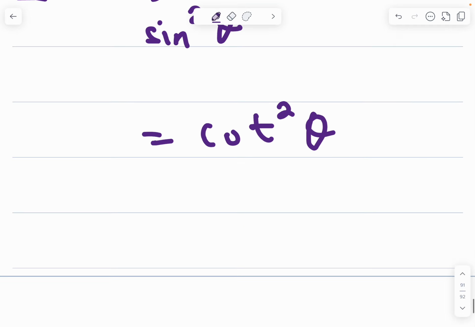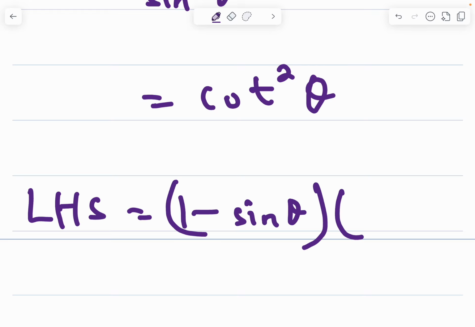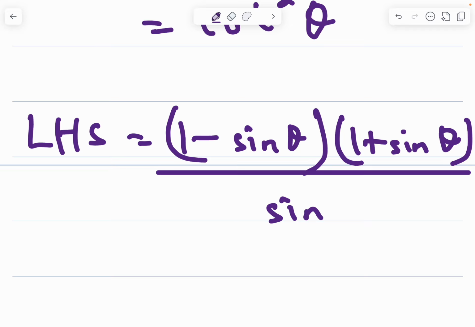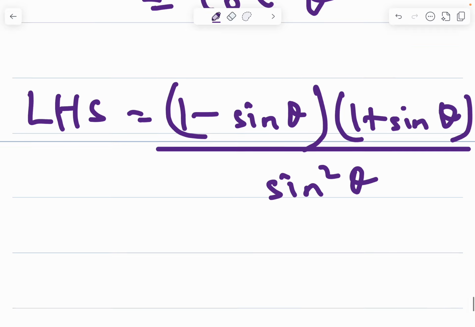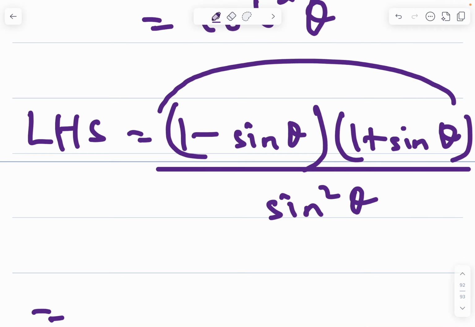So let's show that the left hand side is equal to 1 minus sine theta times 1 plus sine theta all over sine square theta. Now I can see that 1 minus sine theta times 1 plus sine theta is a difference of 2 squares.